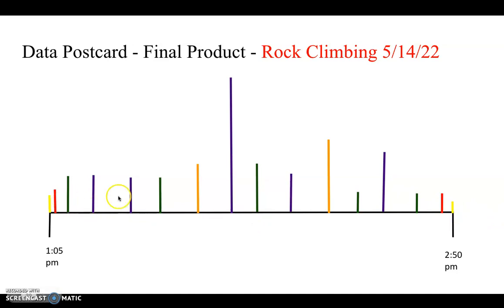And so these kind of give you a sense of the relative times at which I started each route. This green one right here is about halfway, so you can see that that one's probably at about 2 o'clock. I think it was actually a little bit after. But yeah, essentially the position of these lines on the timeline are telling you when I climbed each route.